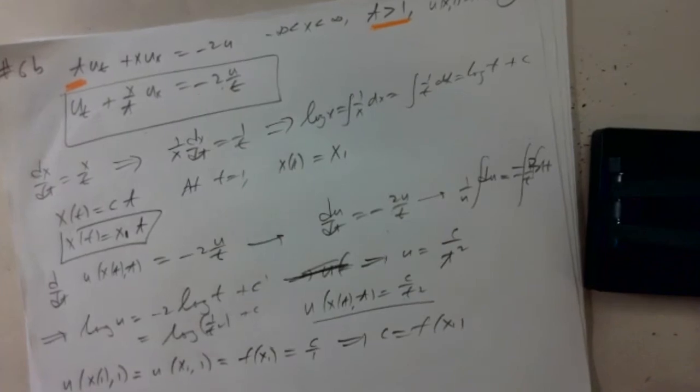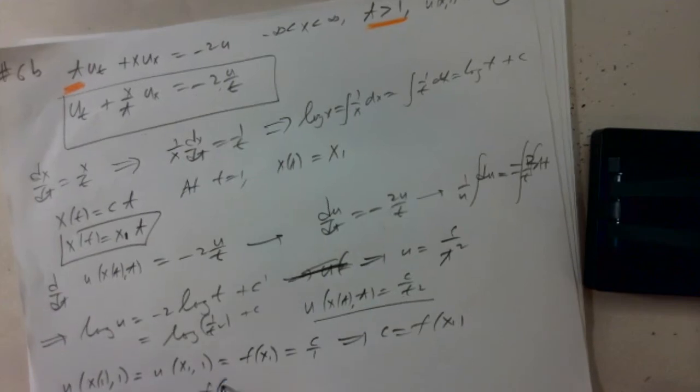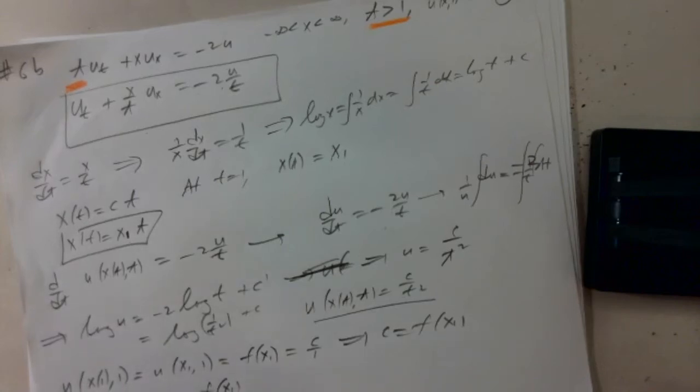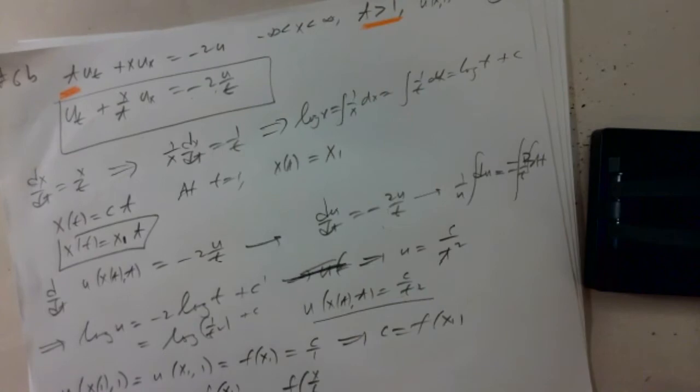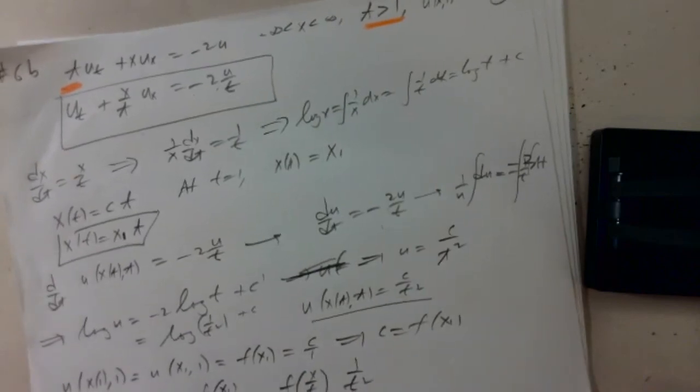So u of x of t comma t is c over t squared, which is f of x1 over t squared. x1 is x over t, times 1 over t squared.